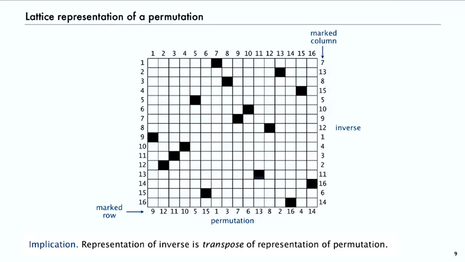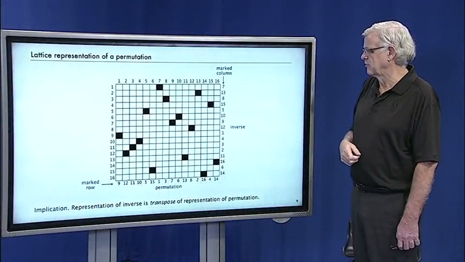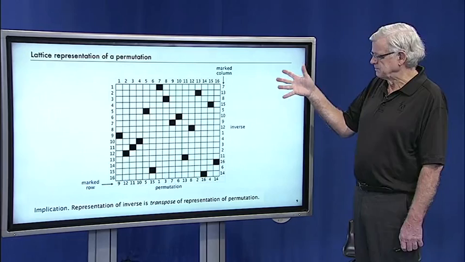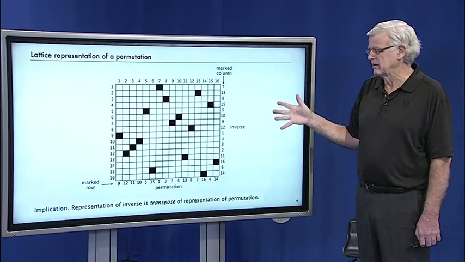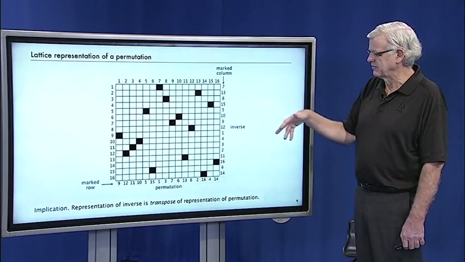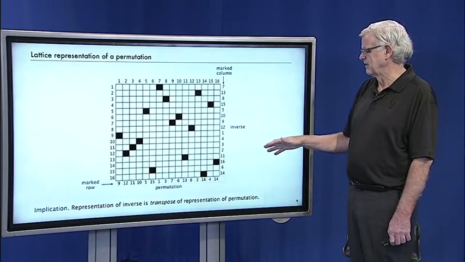So the first column corresponds to 9, so we put a block in row 9. Second column 12, put a block in row 12. 11, 10, then 5, and so forth. We have n blocks marked in that lattice, and that is a direct correspondence to that permutation.